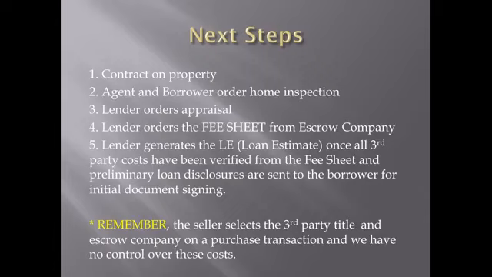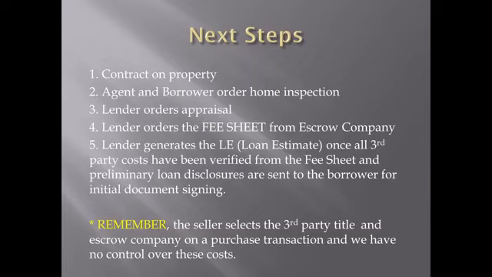That used to be a copy of the estimated HUD closing statement, but now we have them send us a simplified fee sheet. When we receive the fee sheet from escrow, it's going to have all the third-party costs in the transaction, the title fees, the escrow fees. It's also going to show if there are any credits, you know, if the seller is crediting any closing costs. Once we have the fee sheet, the lender, us, is going to generate what's called the LE, or the loan estimate, which basically replaced the good faith estimate, okay?